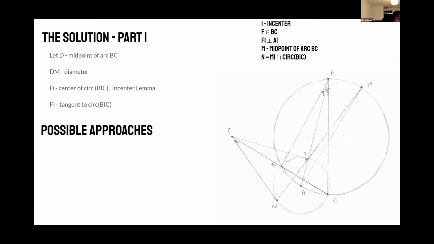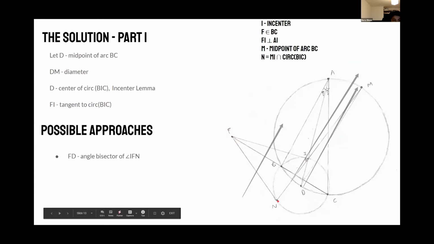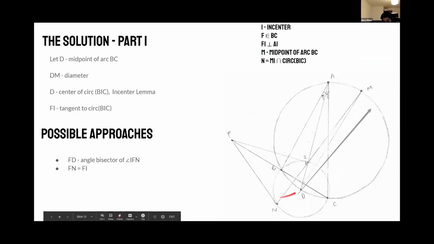You have many possible approaches here. So one approach is to prove that FD is the angle bisector of angle IFN, which leads to FN equals FI as, well, we have that DN equals DI with the in-center lemma, and it's quite easy to get that FN equals FI and actually finish from this.